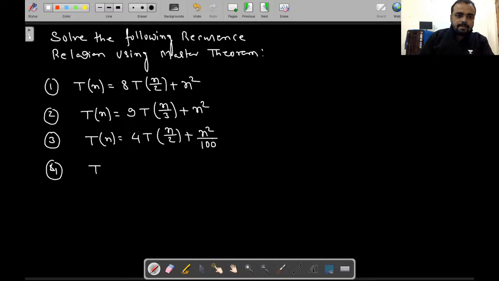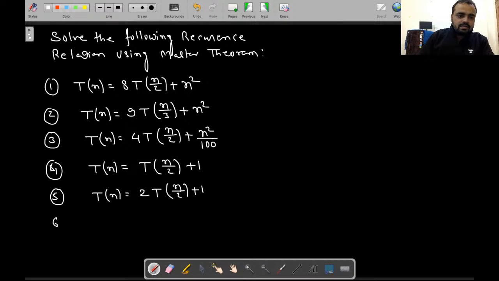Fourth one is T of n is equal to T of n by 2 plus 1. Fifth one is T of n is equal to 2T of n by 2 plus n. Sixth one is T of n is equal to T of n by 2 plus n.